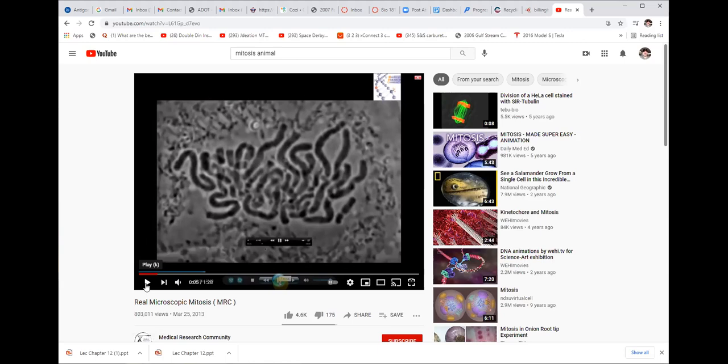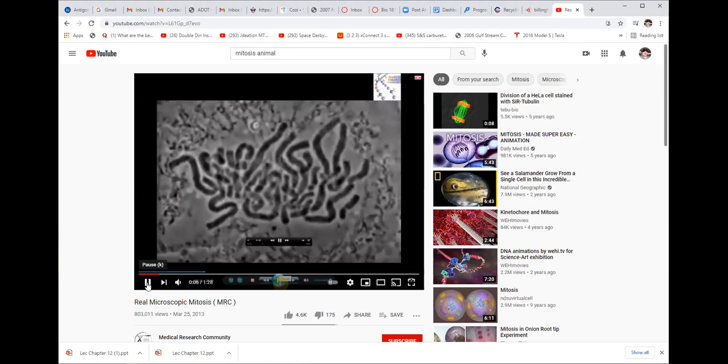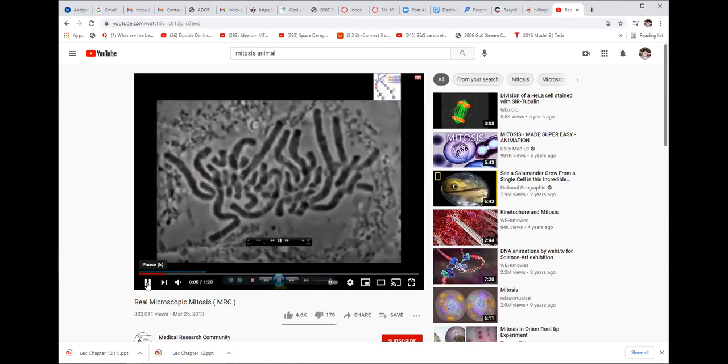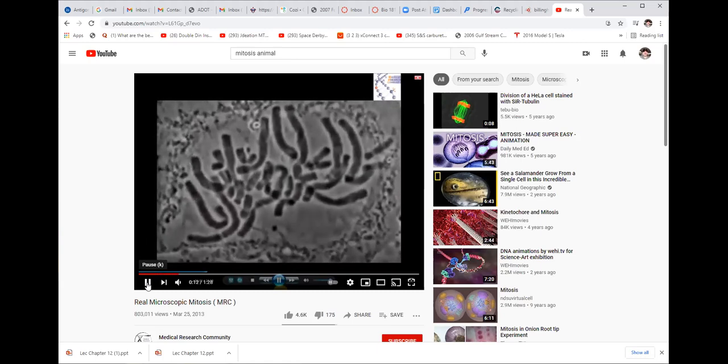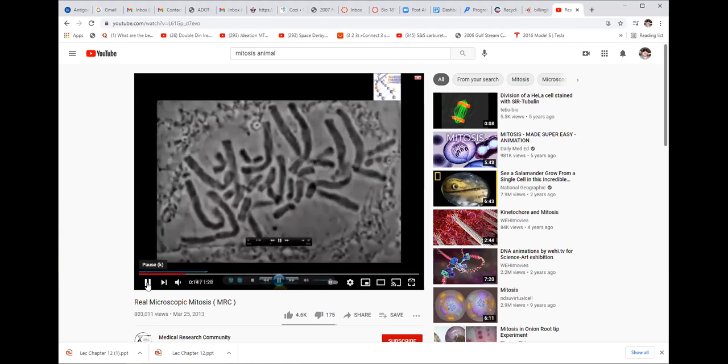Do you remember? Is it anaphase? It's metaphase. Metaphase, yeah. And remember, in metaphase, they all line up in that invisible plate. So there's a lot of pushing and pulling going on to line these things up so that they're on this invisible plane.